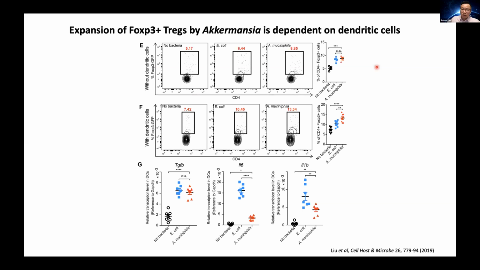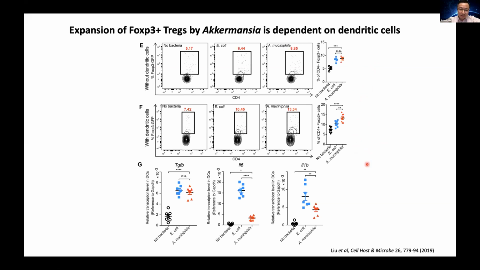We didn't see it change TH1, TH17, but we see that upon co-culture with dendritic cells, Akkermansia can increase Tregs. We didn't see it by pure culture of the naive T cells; it cannot upregulate. Only when we co-culture with dendritic cells can it upregulate. That means dendritic cells are involved in recognizing or responding to Akkermansia stimulation.